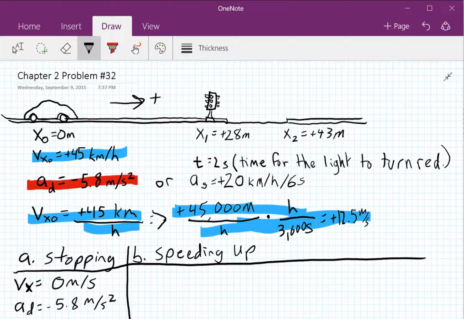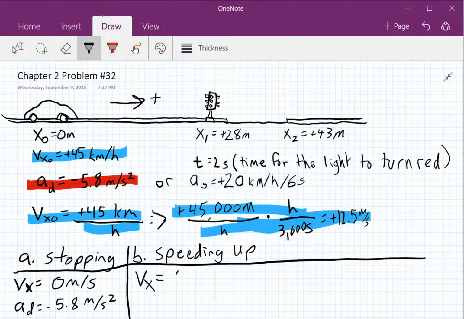Now for the speeding up values, your velocity is different. So velocity final in this case, they're telling you that 65 kilometers per hour is that maximum velocity. So you'll go ahead and write 65 kilometers over an hour. That's the same as writing 65,000 meters.